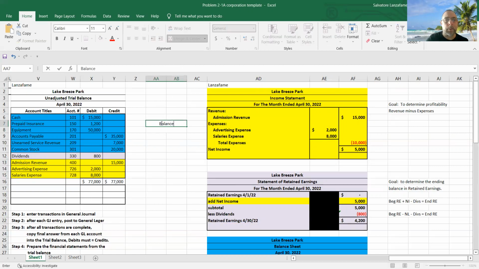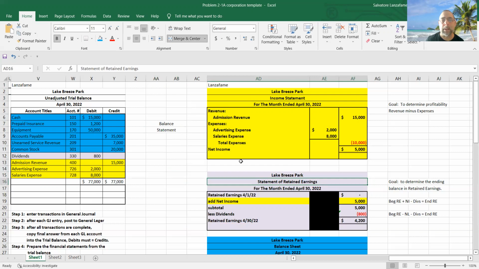If I write the word balance and the word statement, which word is longer? Obviously, statement. So anything with the word statement in the name gets the long date. Anything with the word balance in the name gets the short date. It works. It's not official. You'll never see that in any book, but it works.